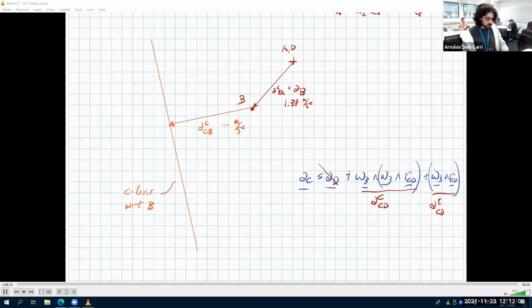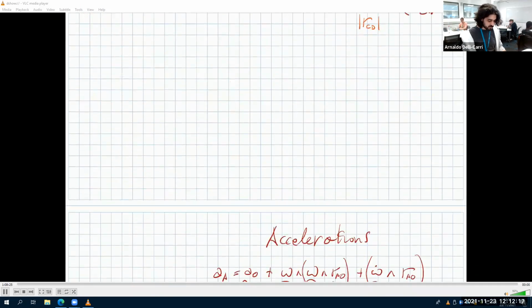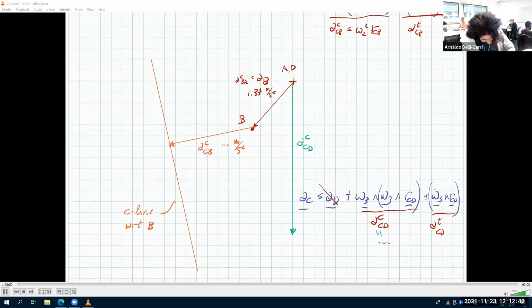Now the acceleration of C is also, starting from D, this plus this, which is RCD. It's a vertical vector pointing at D. And of course, this means that I screwed up the placement of these. So this is RCD. This vector here is ACCD, which is a certain number of meters per second squared.